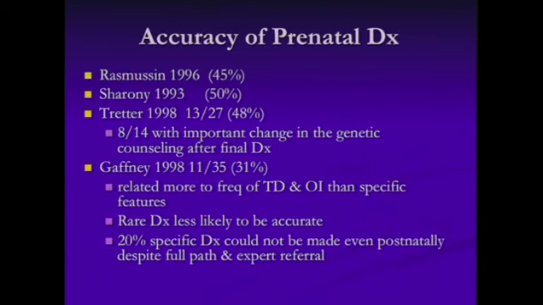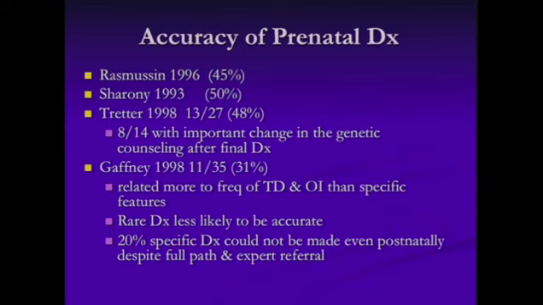So I've shown you these, and I've shown you some ways that we can make the diagnosis, or at least suggest the diagnosis, but I want to tell you that we're not that accurate. If you look at a number of different studies, they report accuracy in the range of about 50%. And some of these accuracy values are important because there can be changes in the genetic counseling after a final diagnosis.